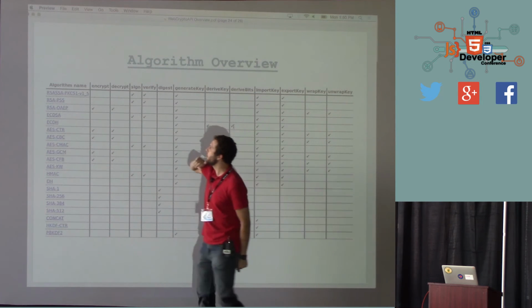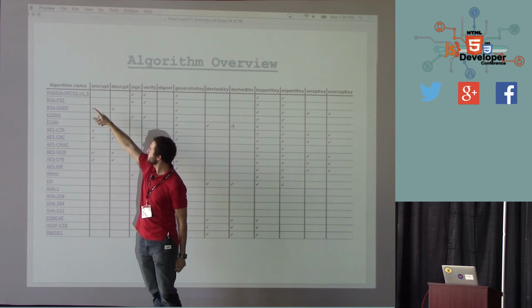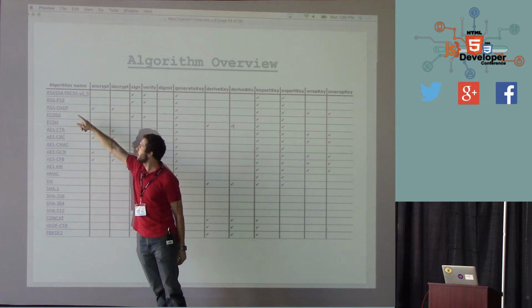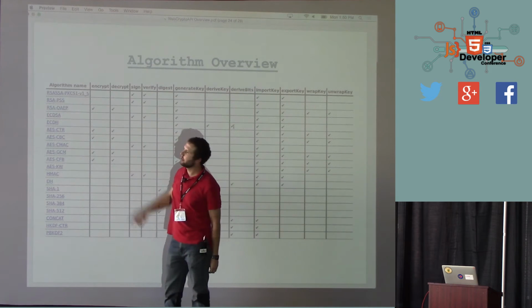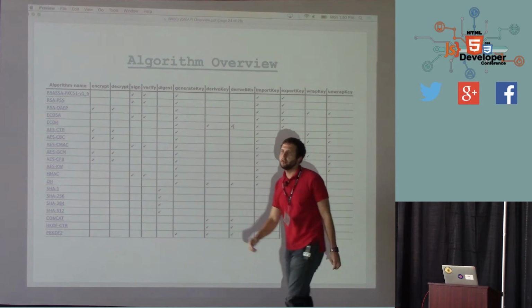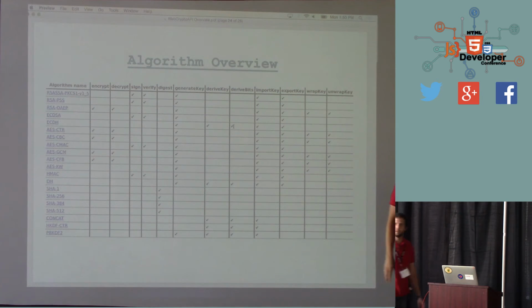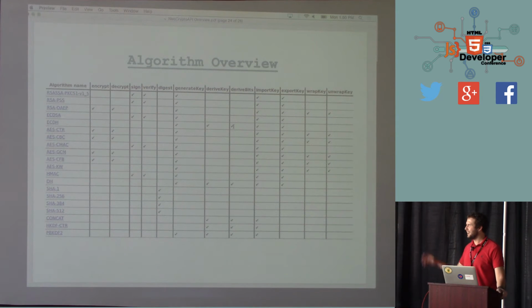So for example, RSA can sign and verify data, and then another form of RSA can encrypt and decrypt data. So a lot of these, unfortunately, should not be used. They are only there for backwards compatibility reasons. So you really shouldn't have to worry about a lot of these. I'm going to tell you which ones you should worry about.